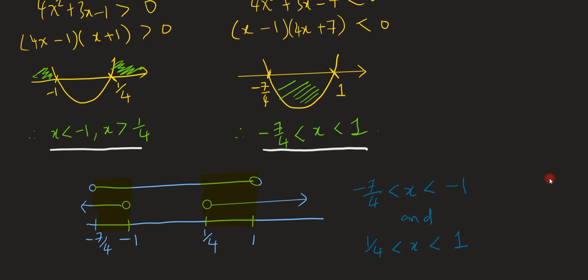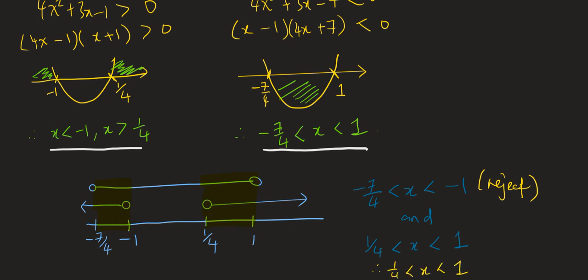But before we are done, there is one very important thing that you have to do. The very important thing you have to do is you must reject this answer. Okay, you must reject this answer. Why must you reject this answer? Because x is the width and the length of some piece of card, so it cannot be negative in the first place. So here we must reject the answer, and then this is the only answer that we want.